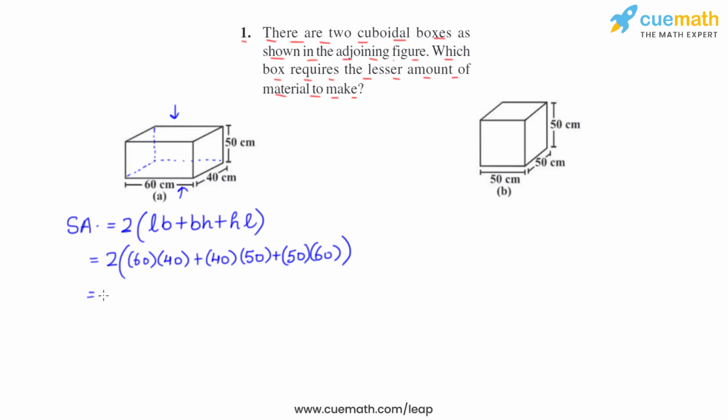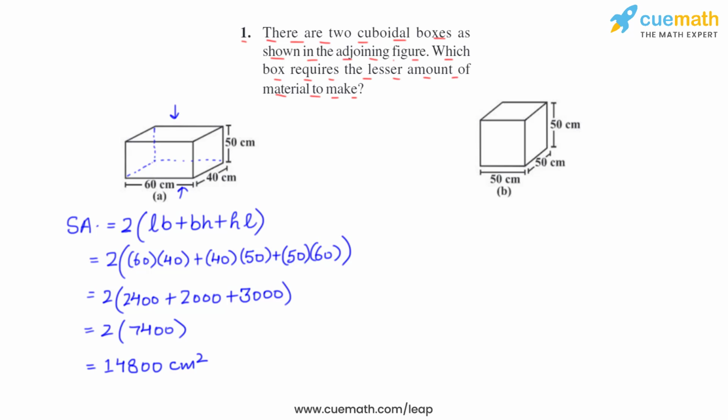Let's simplify this. 2 into 60 into 40, 2400, 40 into 50, 2000, 50 into 60, 3000. That is 2 into 7400, which comes out to be 14,800 square centimeters. So this is the surface area for A part.